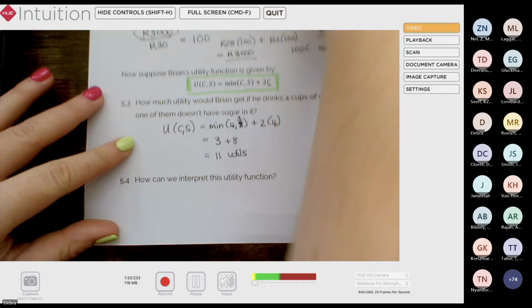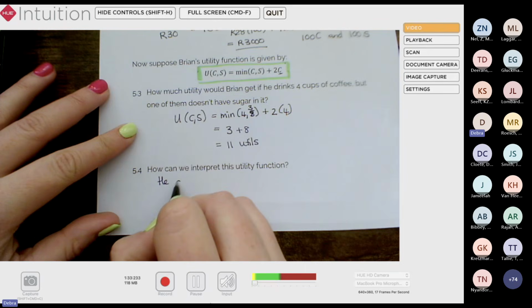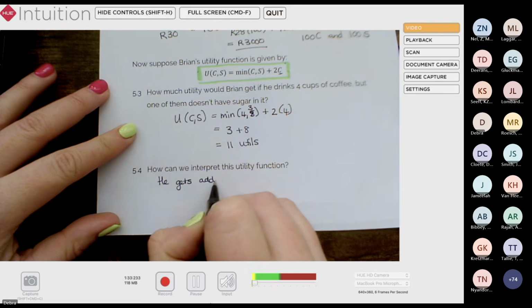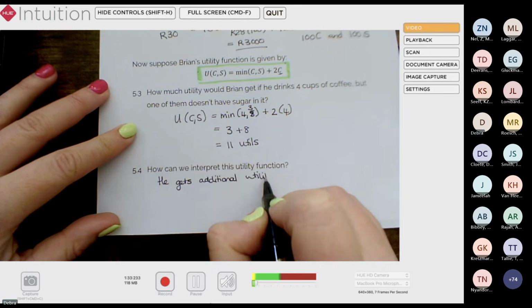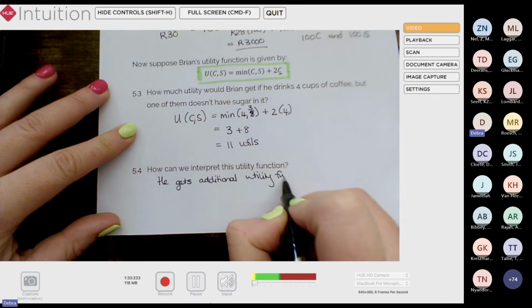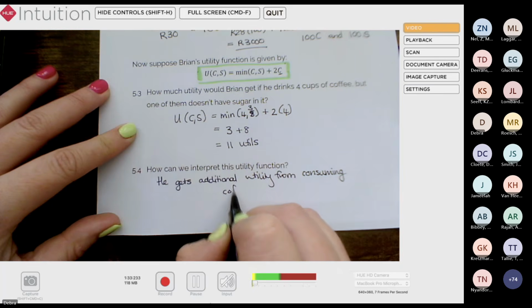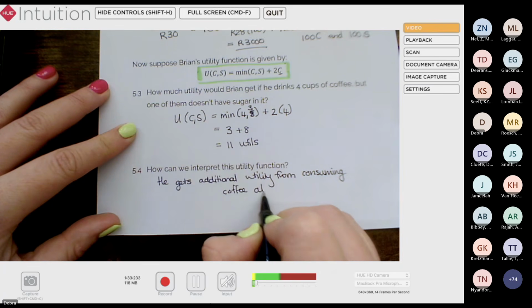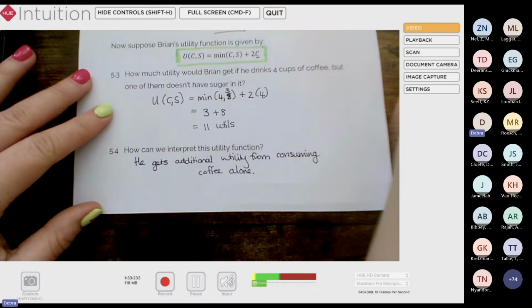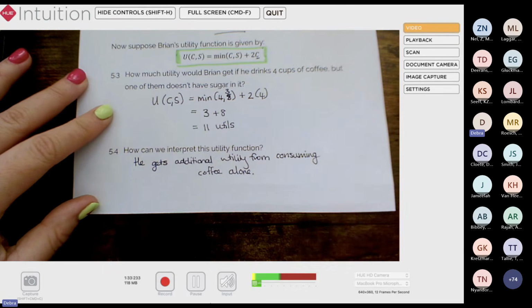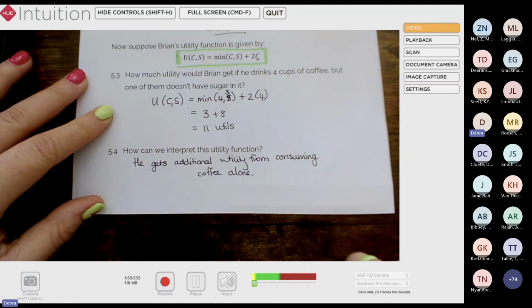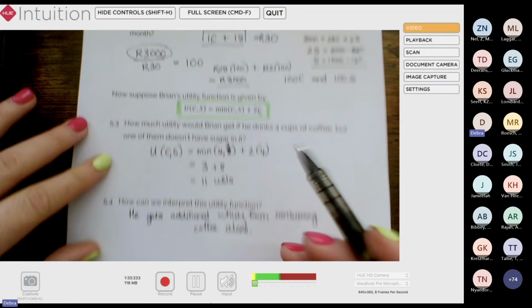That tells us that he gets additional utility from consuming coffee alone. So even if he had no sugar, so let's say he wakes up one morning and he's run out of sugar and he drinks a cup of coffee, how much utility could he get from a cup of coffee even without any sugar?